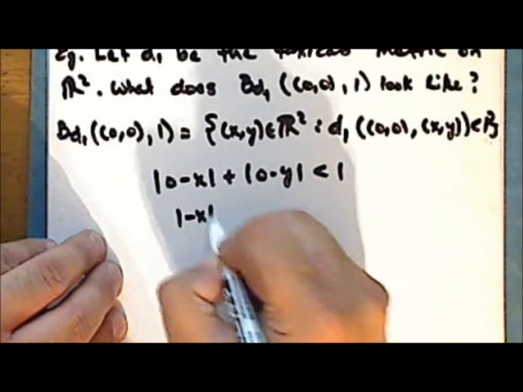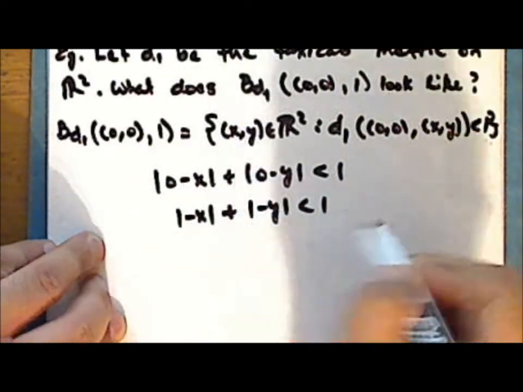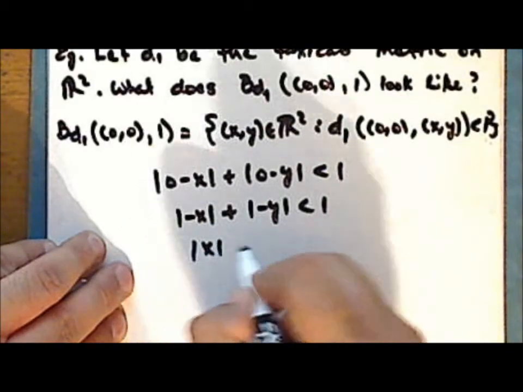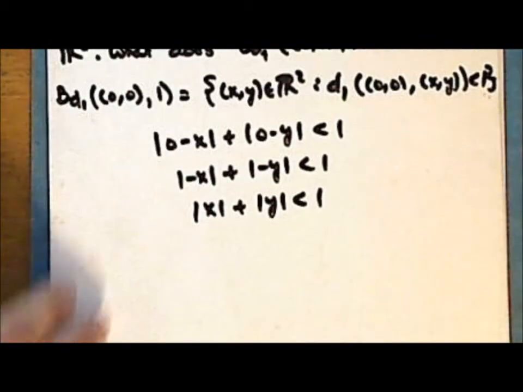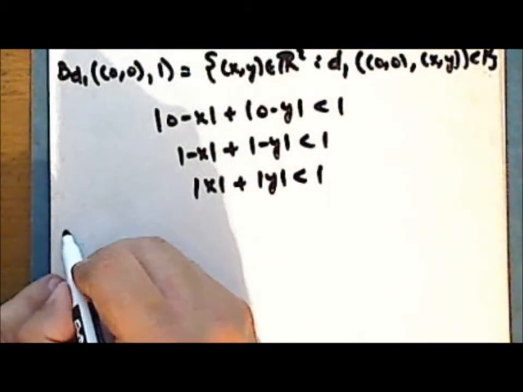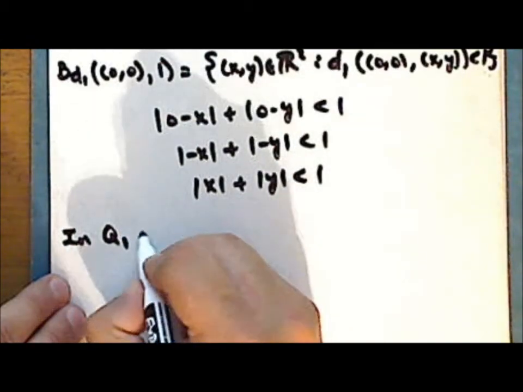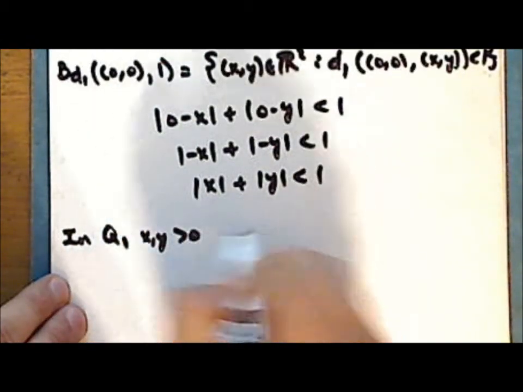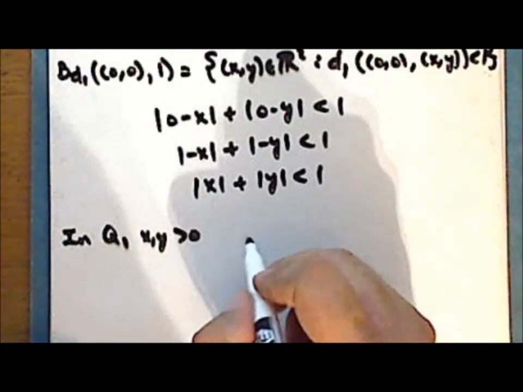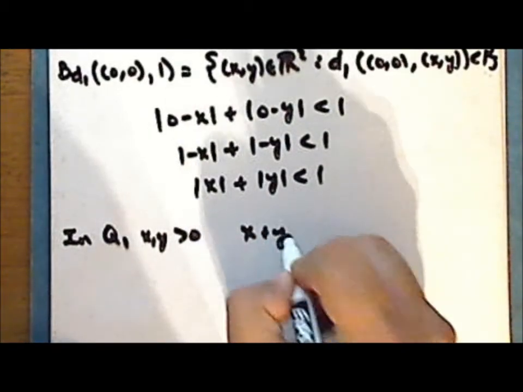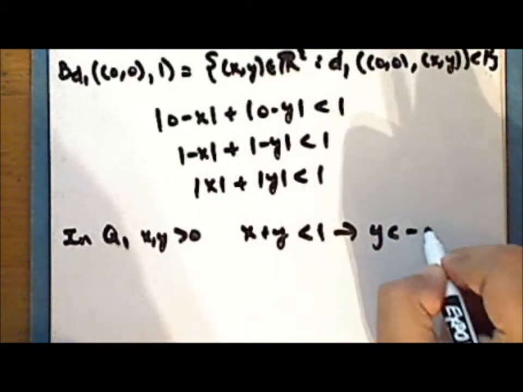This is the absolute value of negative x plus the absolute value of negative y, which is the same as the absolute value of x plus the absolute value of y. So in the first quadrant, x and y are both positive, so this inequality becomes x plus y is less than 1, which gives us y is less than negative x plus 1.